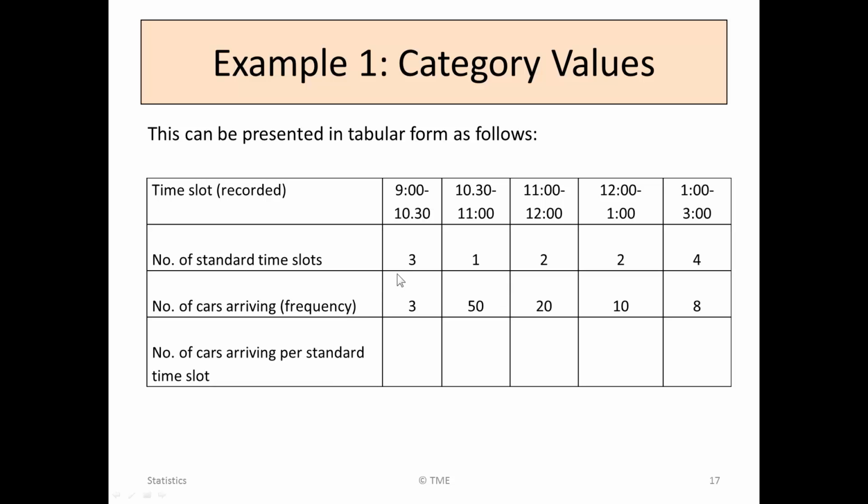So if we look at it in tabular form, we're saying that between 9 and 10:30, 3 cars arrived, and there were 3 standard time slots. So 3 half hours and 3 cars arrived. So in effect we had 1 car per half hour. Between 10:30 and 11 we had only 1 time slot and 50 cars arrived. So that was 50 cars within the 1 standard time slot.